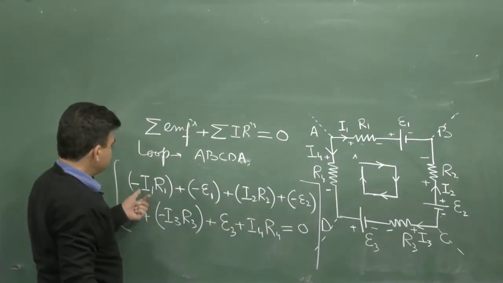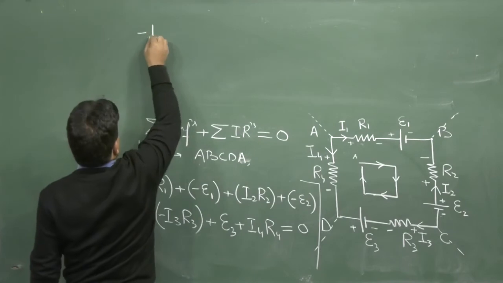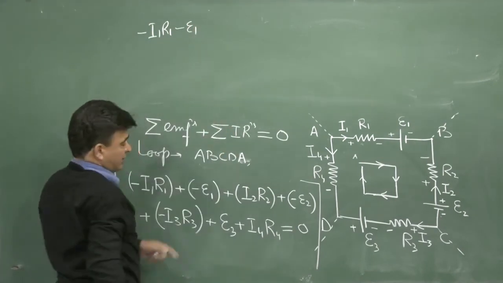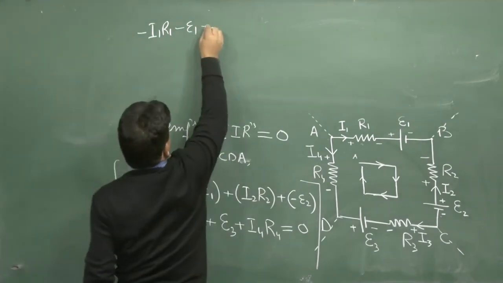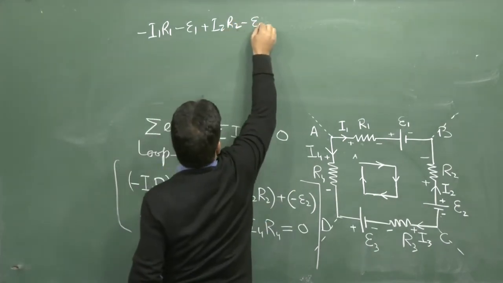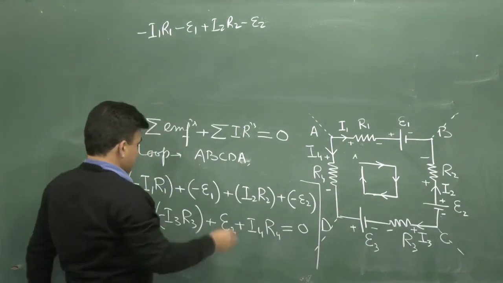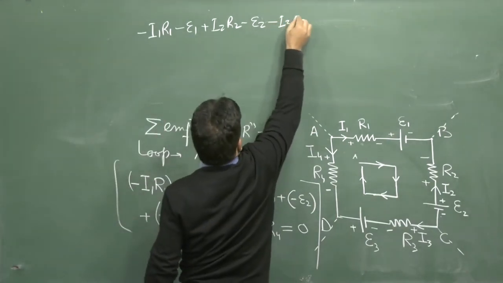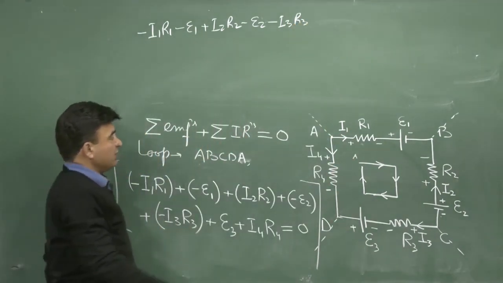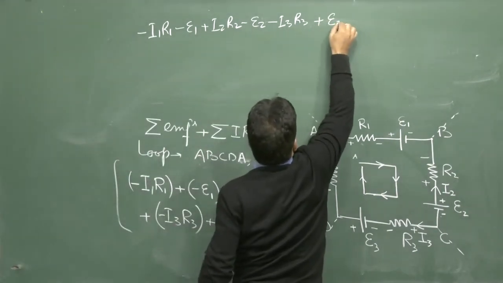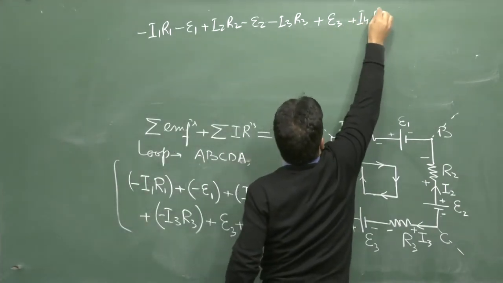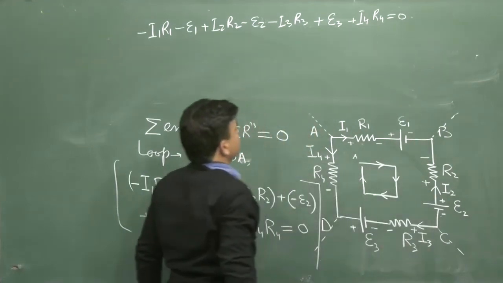Now let us write it like this: minus I1 R1 minus E1 plus I2 R2 minus E2 minus I3 R3 plus E3 plus I4 R4 is equal to 0.